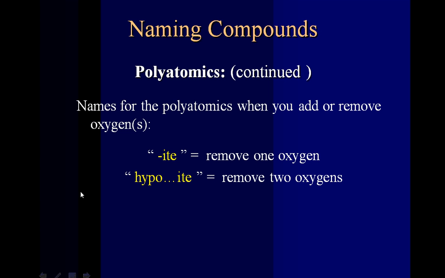If I remove 2 oxygens from that polyatomic, we're still going to remove the ATE ending, but we're also going to include as a prefix at the beginning hypo, okay? So hypo, whatever it is, ite.